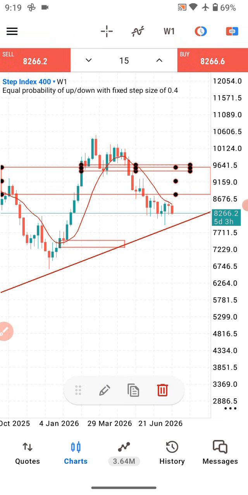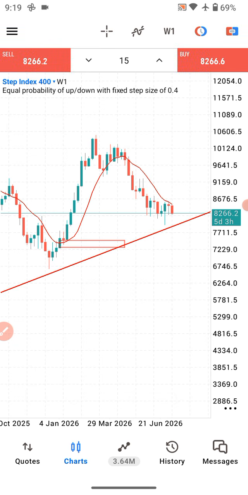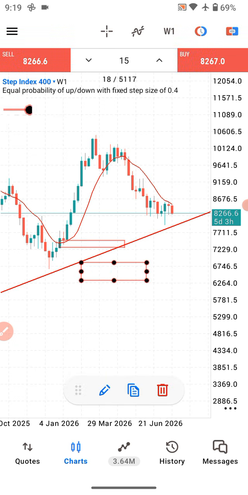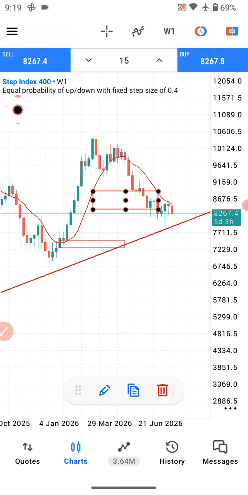So which means in the weekly time frame, big traders, big banks, the big industries are looking at this market, because the big banks are trading with the overall cycle.